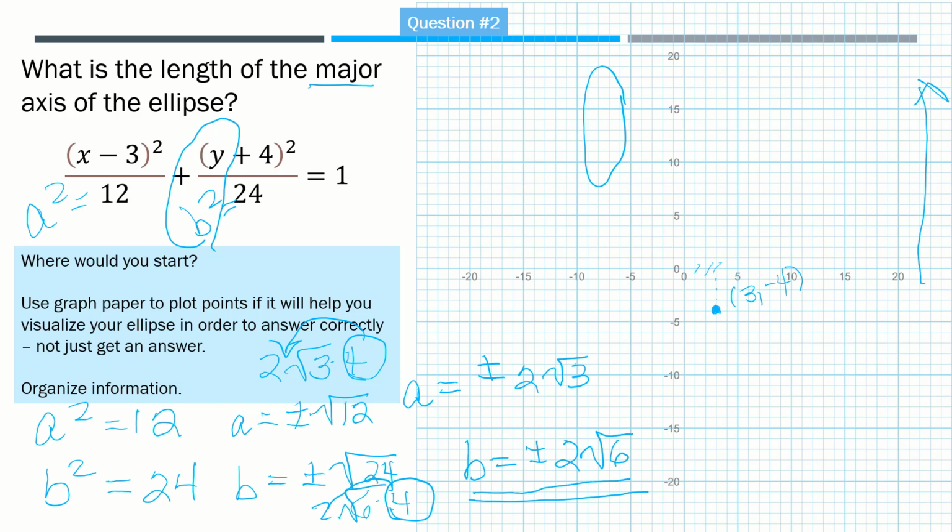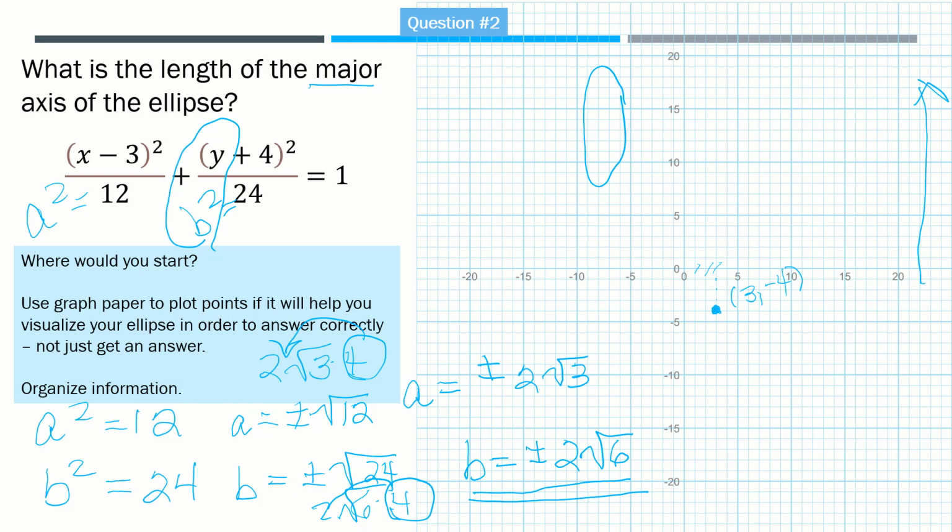Now for an approximation, you can take the square root of 6 times 2. I'm going to put that in my calculator, and it's approximately almost 5, not quite 5, 4.89 or 4.9. But anytime we take a square root, it's not an exact number, we get an approximation.